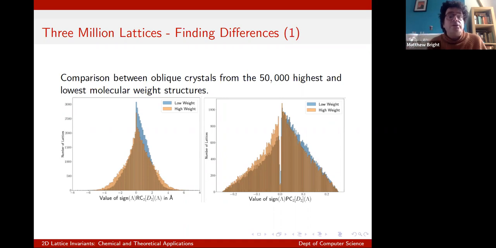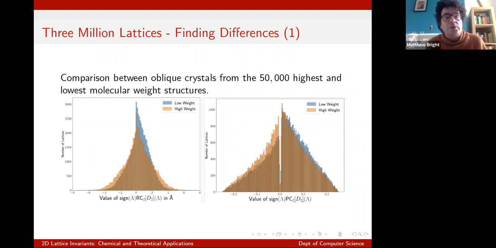But if you compare the continuous chirality metric, it's not very different. There's a sense in which higher weight molecular crystals have a wider spread, but they want to get closer to being symmetric, to being non-oblique, but they can't. Whereas lower weight crystals spread out a little bit more and occupy a little bit more of the space.